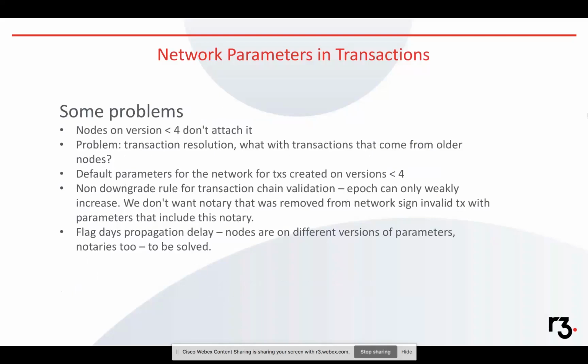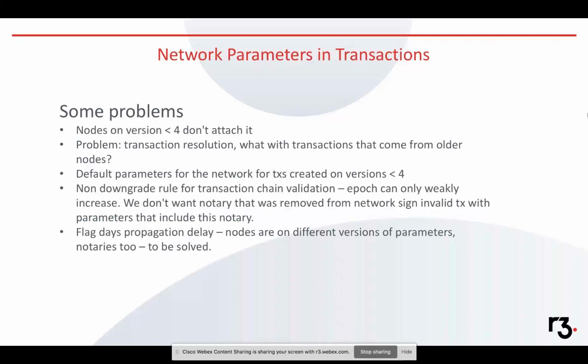And there are some problems, of course. For example, we have transactions that come from nodes from older versions that are in the chain. Clearly, there won't be network parameters. So we resolve them to null, and when we see such a transaction, this will be resolved to default network parameters.